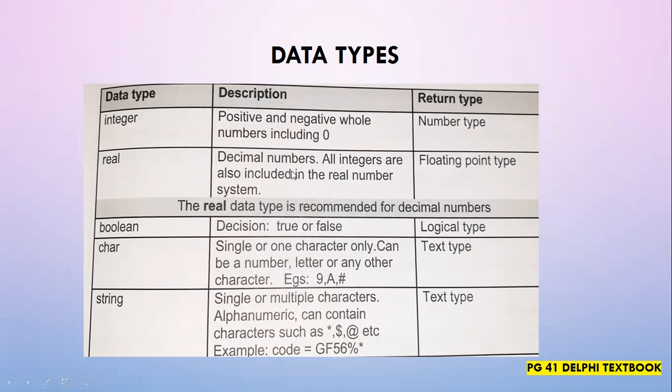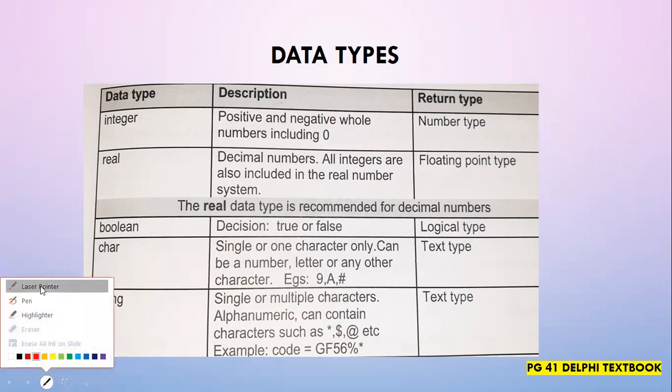So when I am dealing with calculations, for example, I'm painting my house and it's 4.7 meters, and I need to do calculations, rather use real. Also with currency. All integers are also included in the real number system.